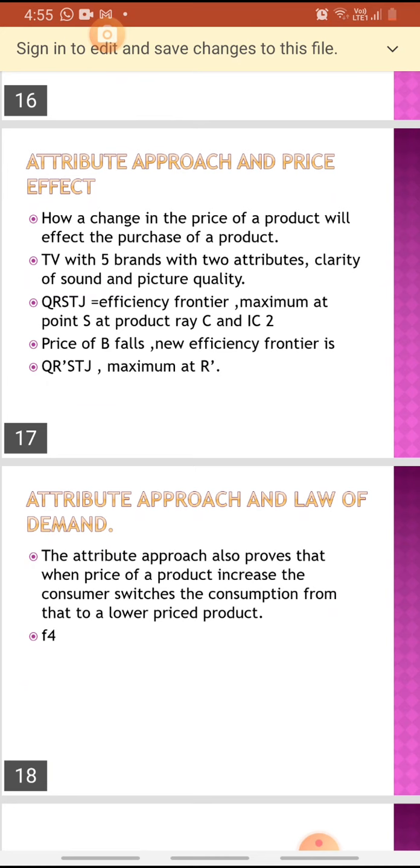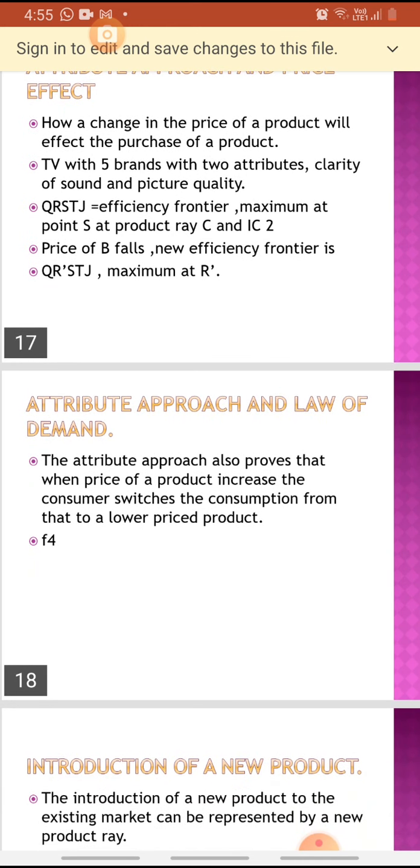So there is an efficiency frontier QRSTJ with the maximum point S at product ray C and IC indifference curve 2. Efficiency frontier is given, the maximum point is given at point S and product is C on IC indifference curve 2. The price of B, suppose the price of B falls.